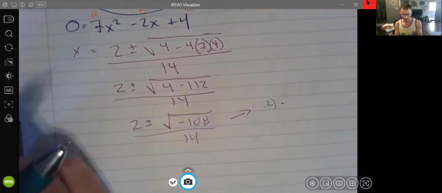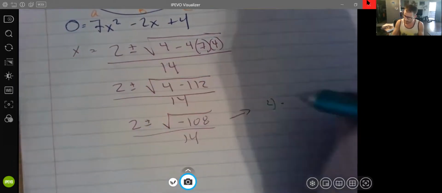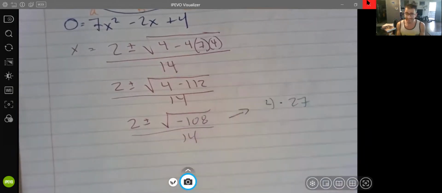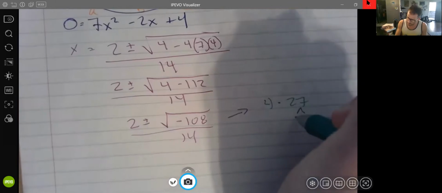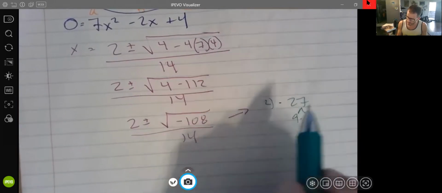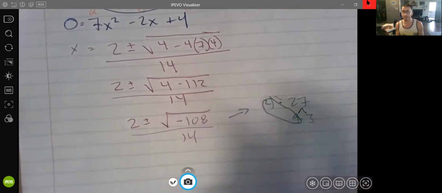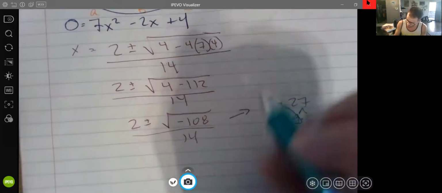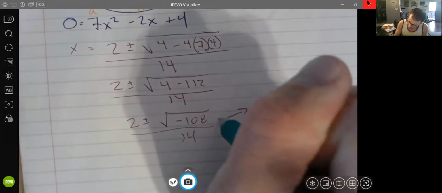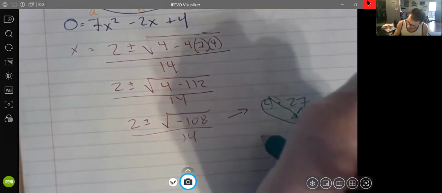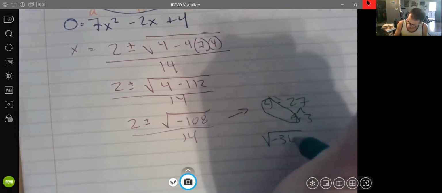Well, 108 divided by 4 is 27. But 27 has a perfect square in there as well. 27 is 9 times 3. So our biggest perfect square is 4 times 9, which is 36. So this breaks down into the square root of negative 36 times 3.